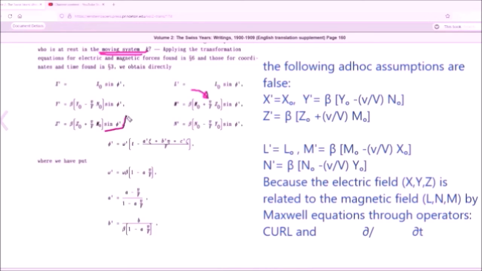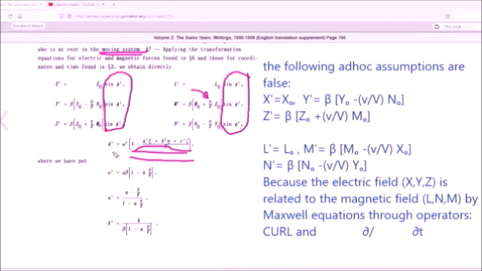What we have here is the sinusoidal factor in all these equations. That sinusoidal factor that characterizes the wave, when it is transformed to the moving frame of the electron, we understand this part of the argument.